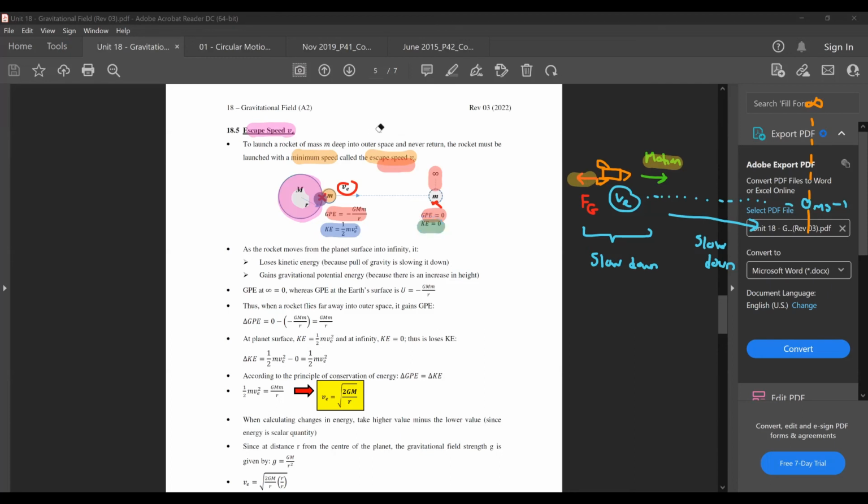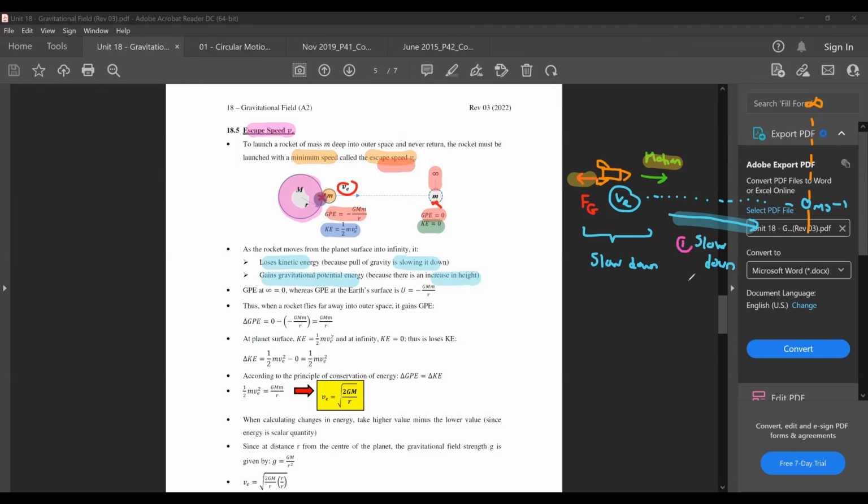So when you go towards the infinity direction, you will lose kinetic energy because you slow down. At the same time, you will gain gravitational potential energy because there's an increase in height from the surface of the planet. Now if you apply conservation of energy, let me write some stuff here.